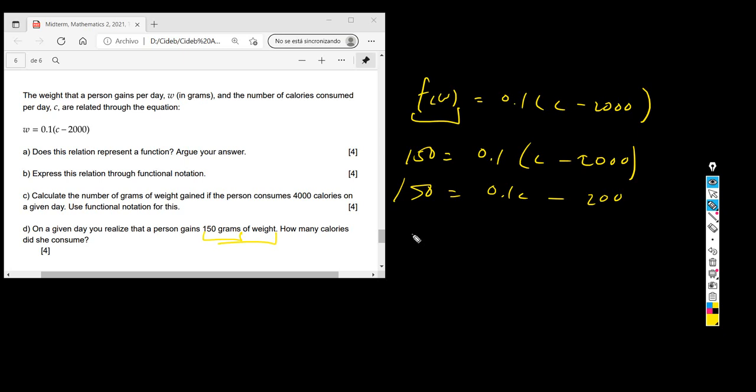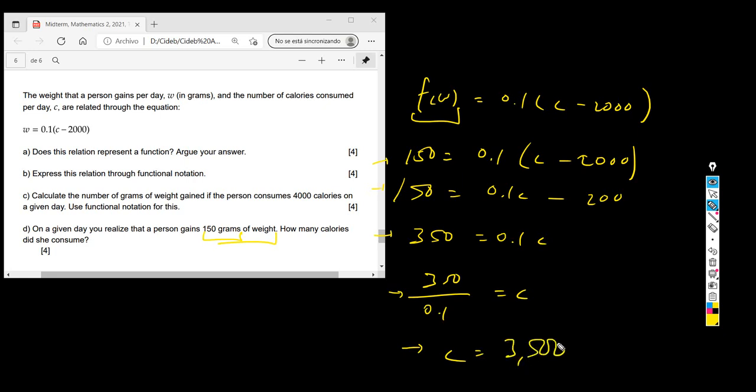In other words, we have this: 150 plus 200, 350, equals 0.1 C, and then we just divide 350 over 0.1, that's C, and therefore C equals 3,500 calories. That's it. And this concludes the process of the solution, guys. I hope you have learned something in case you checked it. Thank you very much.